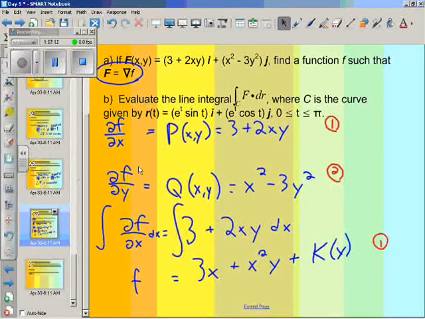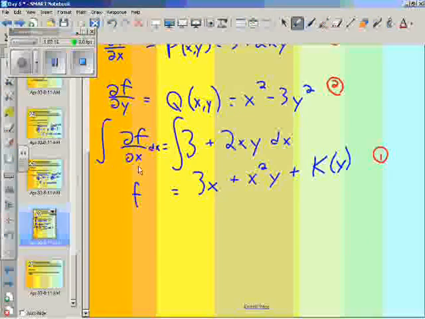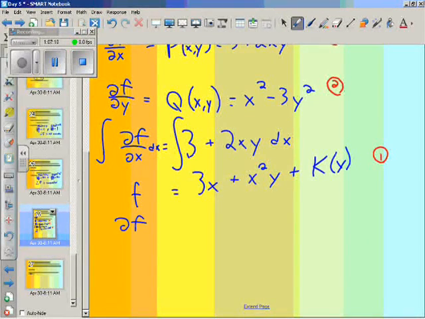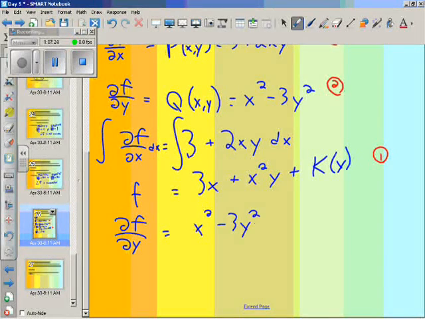Okay, so this is what equation 1 turns into. And when we integrate equation 2 with respect to y, let's do the same thing. We take df/dy equals x squared minus 3y squared, and we integrate with respect to y.